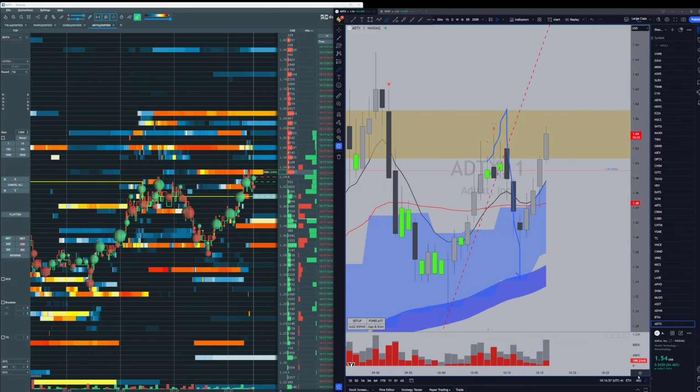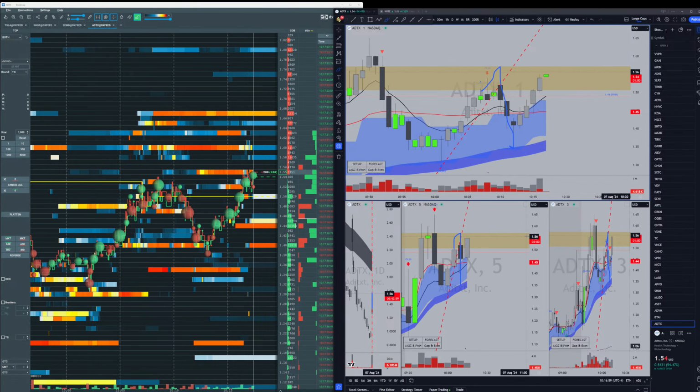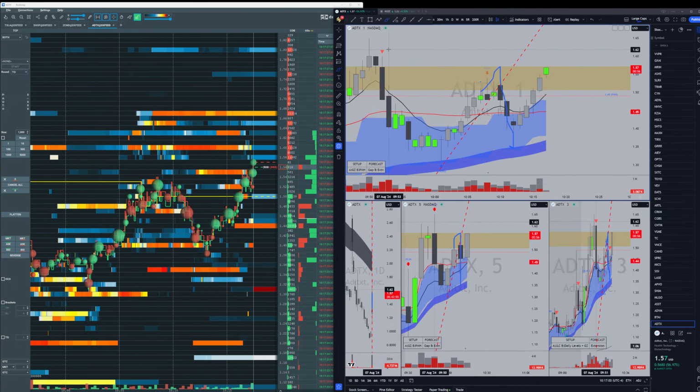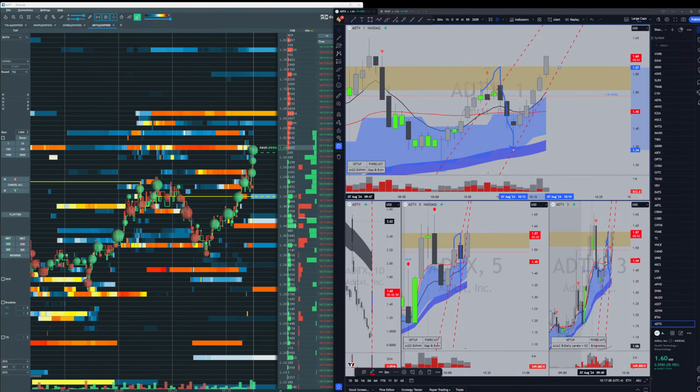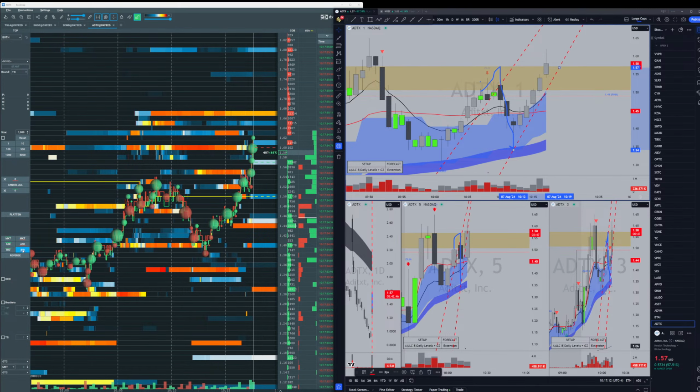Want to take the short play, as I said. If I see a J-Slim, if I see the trend line break, I'm looking for a short play. Still going, so still waiting over here.